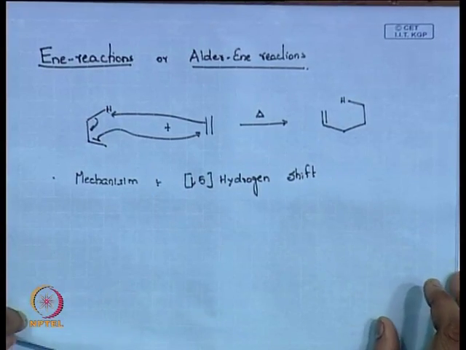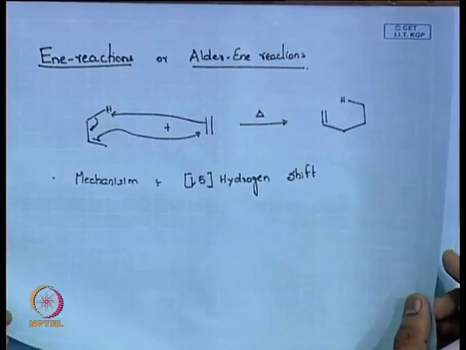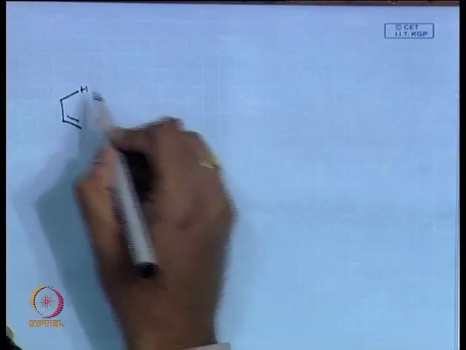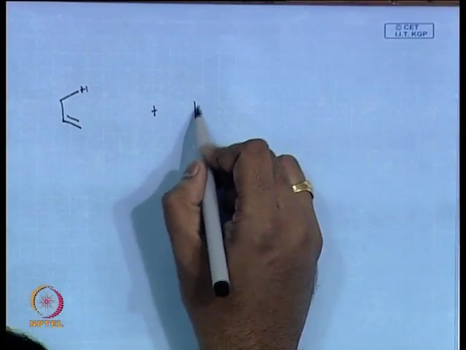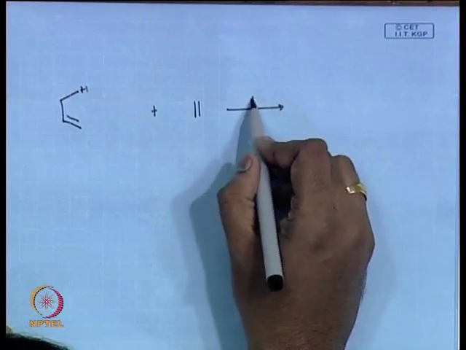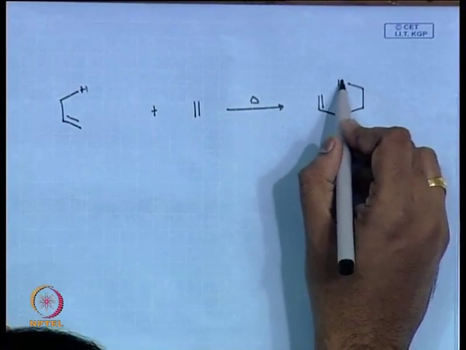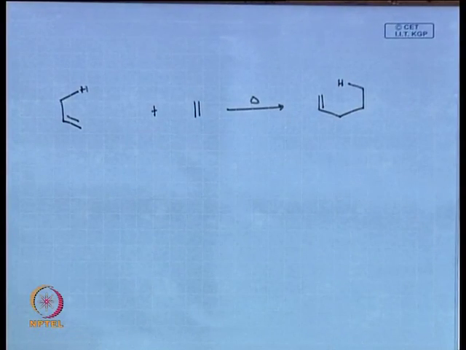Now, there is another way you can look at this reaction. For example, I am taking the same reaction, my Ene with an alkene, so you get a nice system like this.